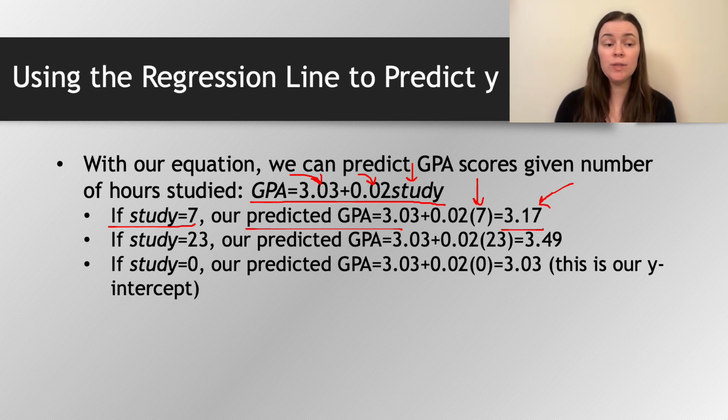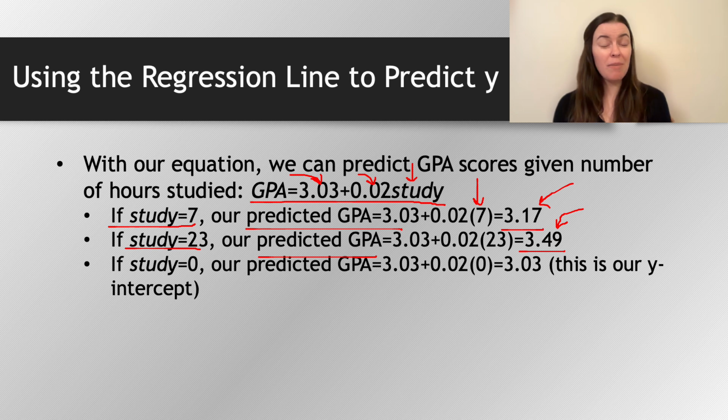Let's say you study 23 hours per week. Then your predicted GPA is going to be 3.03 plus 0.02 multiplied by 23. Then your GPA is expected and predicted to go all the way up to 3.49.